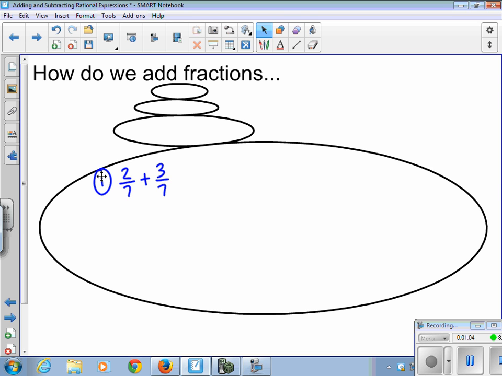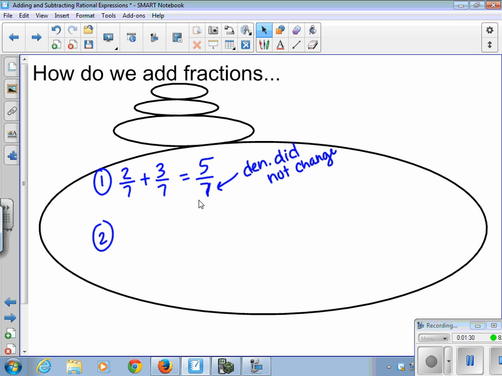So I can add the tops and make this 5/7. Now, notice, the denominator did not change. I didn't say 7 plus 7, I didn't say 7 times 7, I just left that denominator as 7, okay?